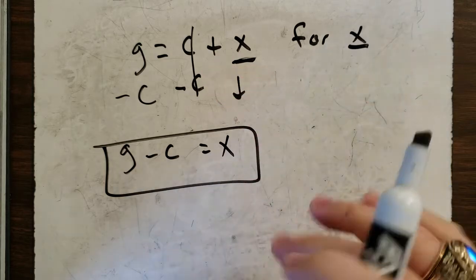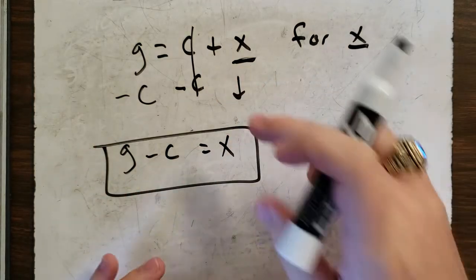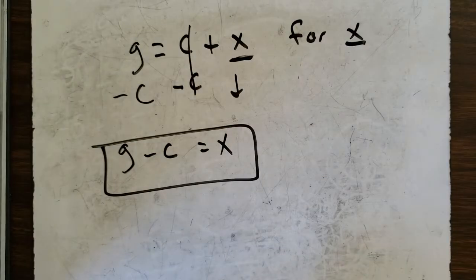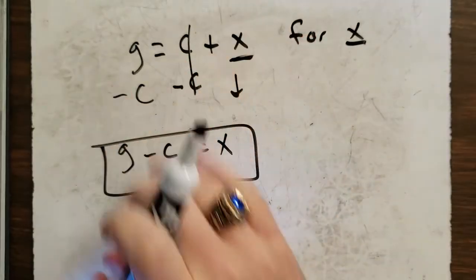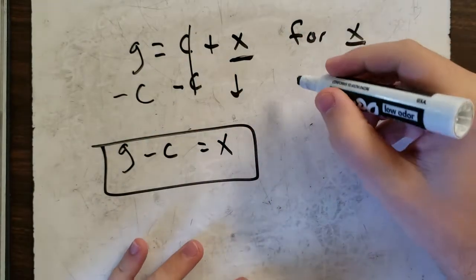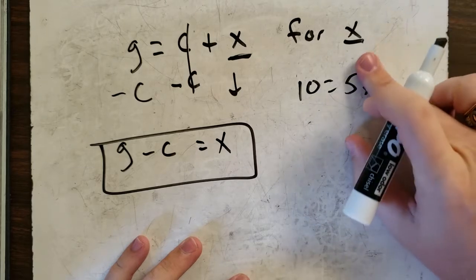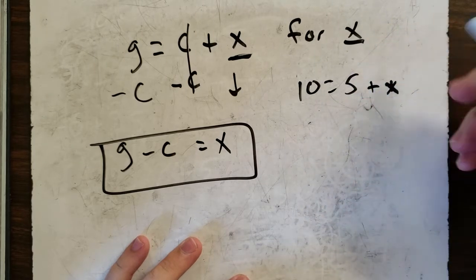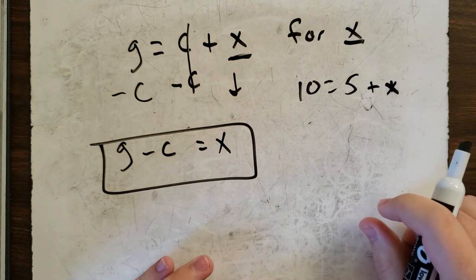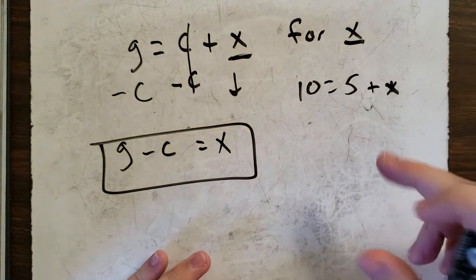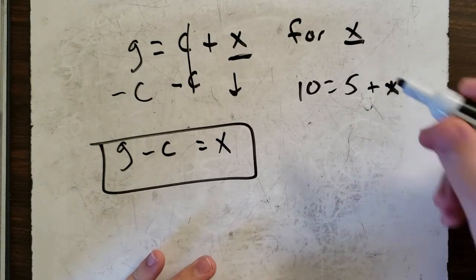We're literally, as you all love to say, just moving the letter to this side of the equal sign. There's no calculations. We're just taking this and moving it to that side. Once again, if I were to show you our previous problem, if we were to substitute numbers, 5 plus x equals 10, you would do the same thing.